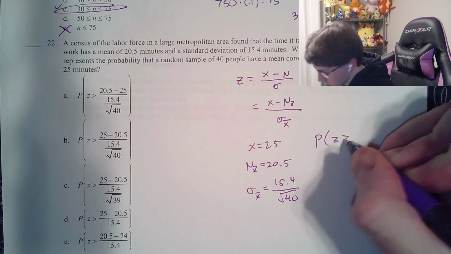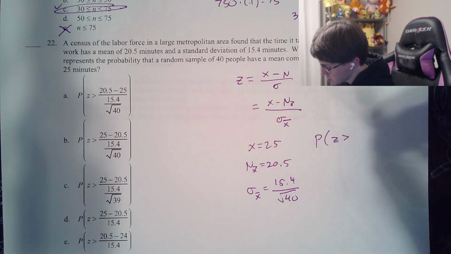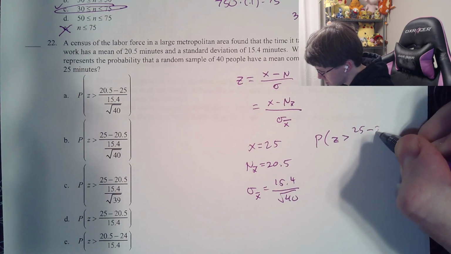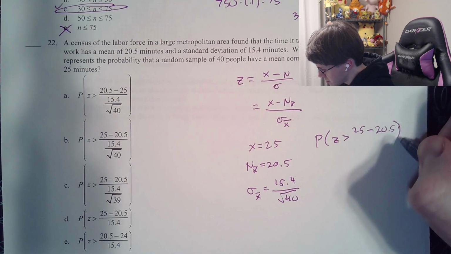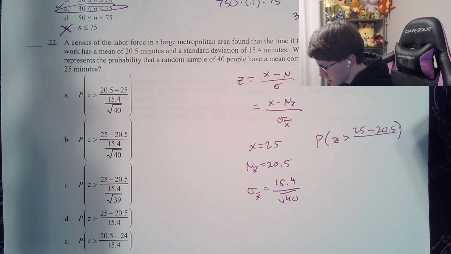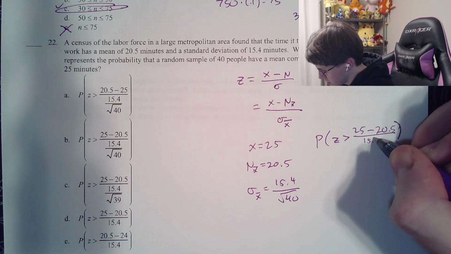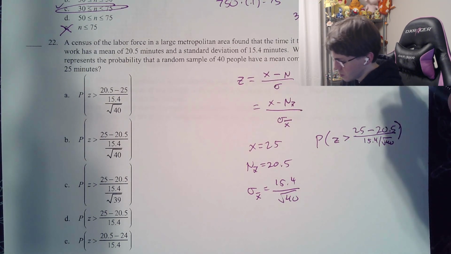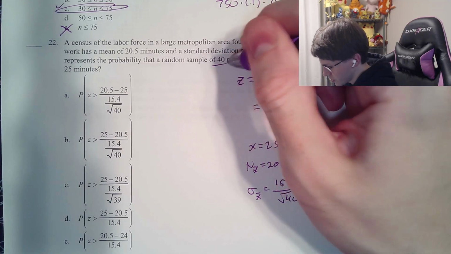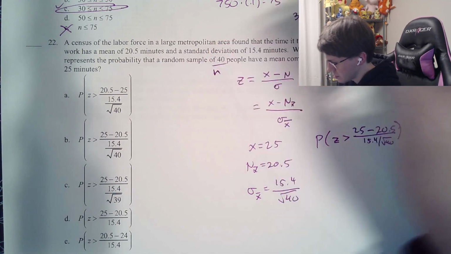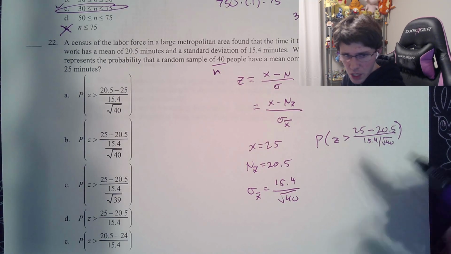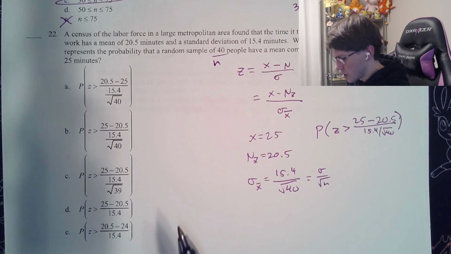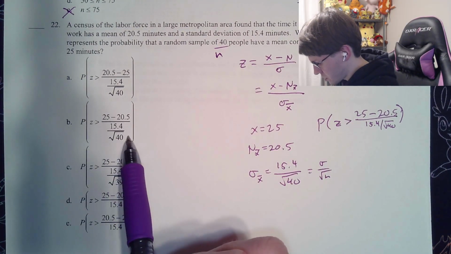So z is bigger than 25 minus the true value, 20.5, divided by 15.4 over the square root of 40. And again, n is 40 here. We're using that same formula from the previous page, the standard deviation divided by the square root of n. Okay, looks like we have letter B.